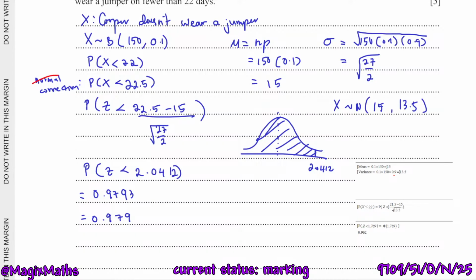So this thing is called continuity correction. But the C should have been 1.1769. I'm going to take a look and see what went wrong over there.